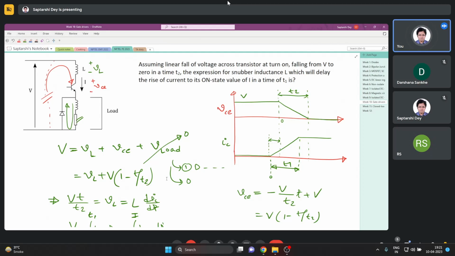Otherwise, the stray capacitances tend to push a large spiky current through the switch when it is turned on. Oh, stray capacitance across collector emitter. No, not only there, other capacitances in the circuit, the track capacitances, everything. Not only stray, other capacitances also in the circuit.